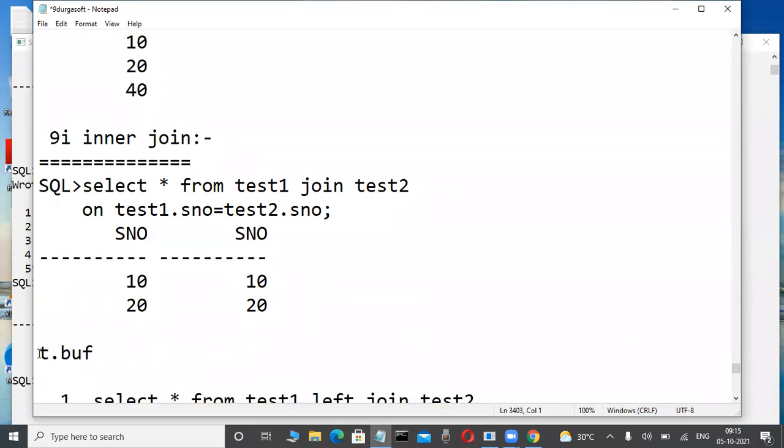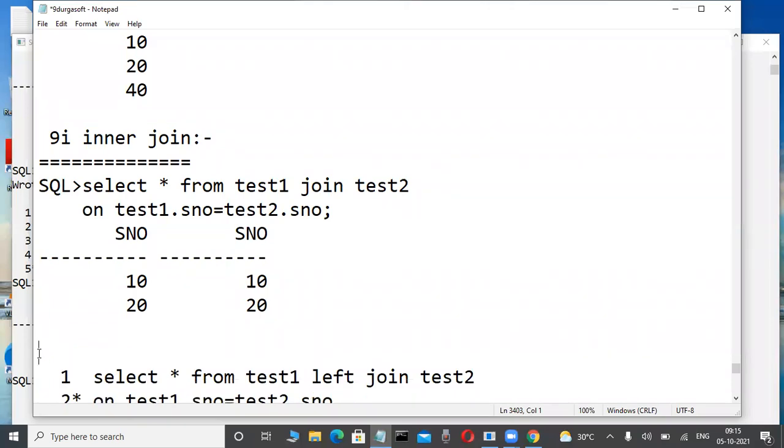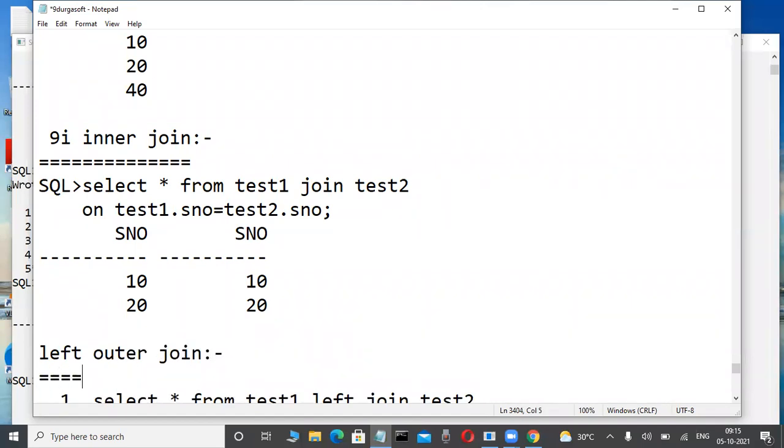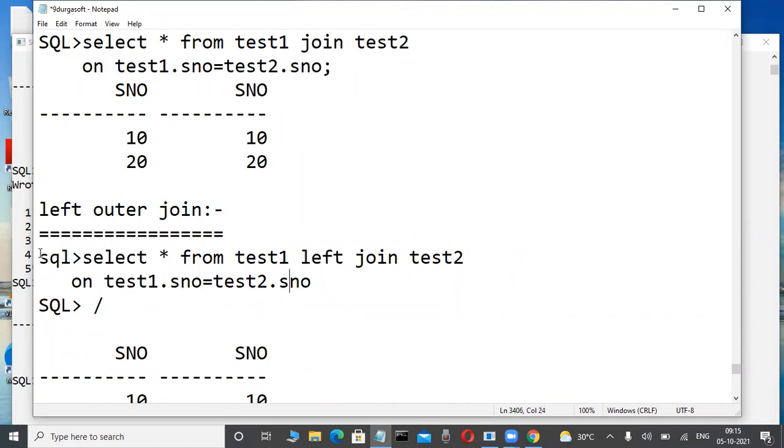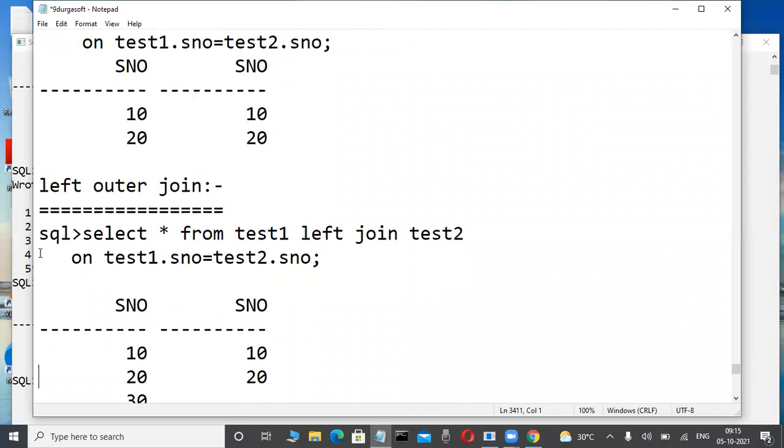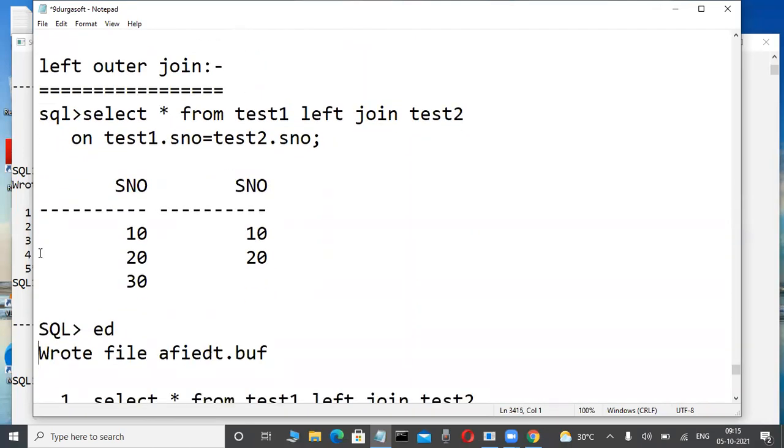Inner join. Next, left outer join, but outer is an optional keyword. Left join, you write it the same. Joins are a concept regularly used on the project side and the interview side. That's why we are spending so much time, but it is easy, not difficult. Whether you use the left outer keyword or not is not a problem.